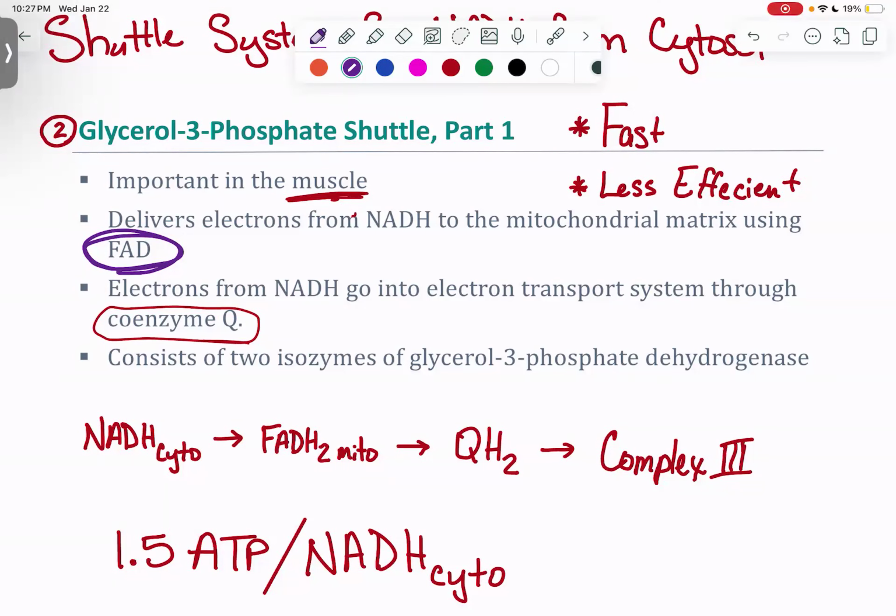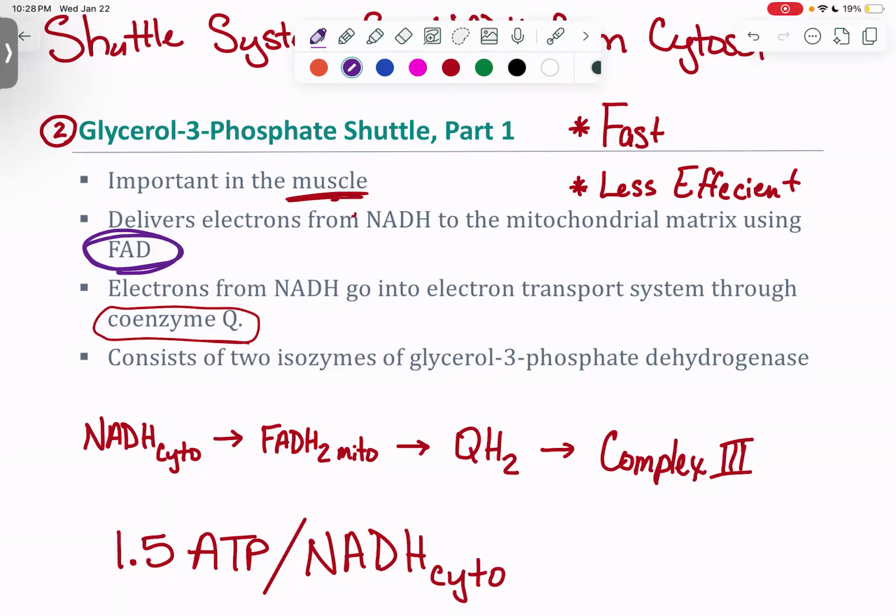So if you remember back to your electron transport chain, where do electrons go if they're residing within FADH2? They're going to go to coenzyme Q. So they're like entering in the middle of the electron transport chain.